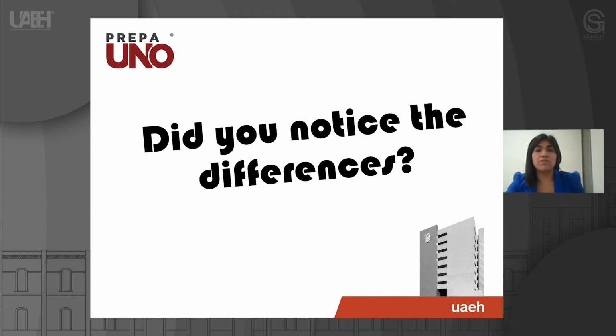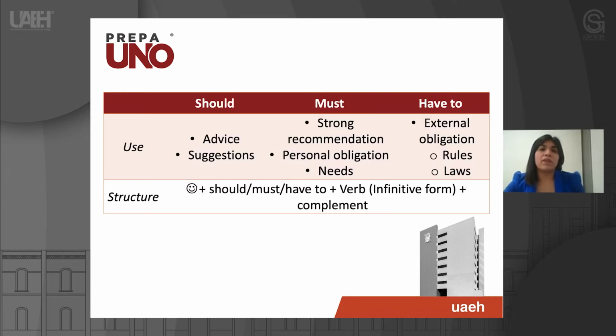Now, my question for you is, did you notice the differences? What are the differences for you? One more time, we have should, must, and have to. According to the examples I gave you, I can say that you are going to use should to provide advice or suggestions.